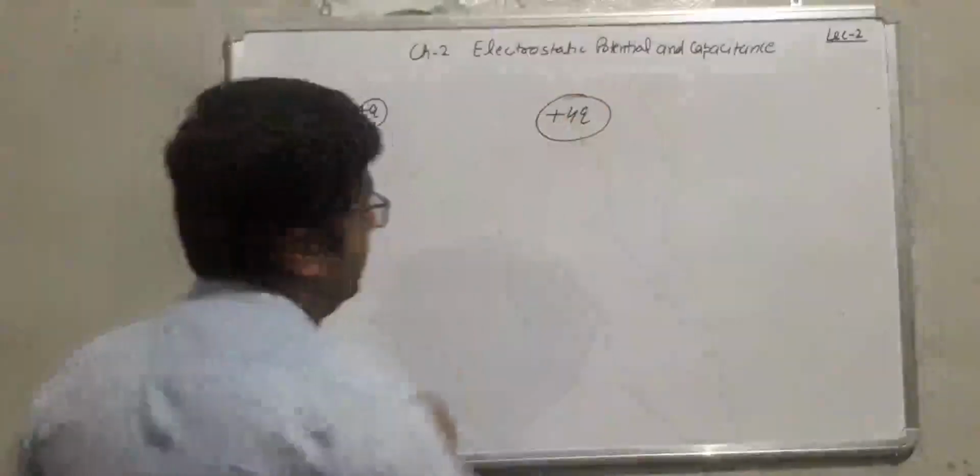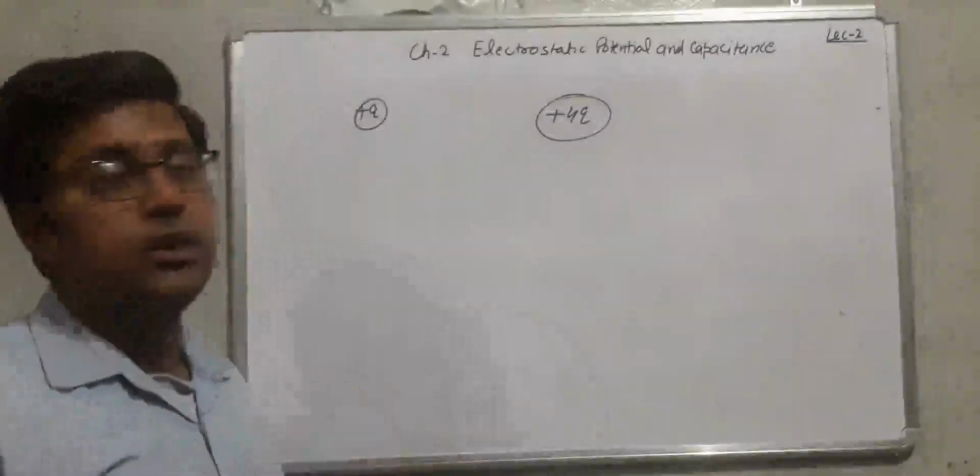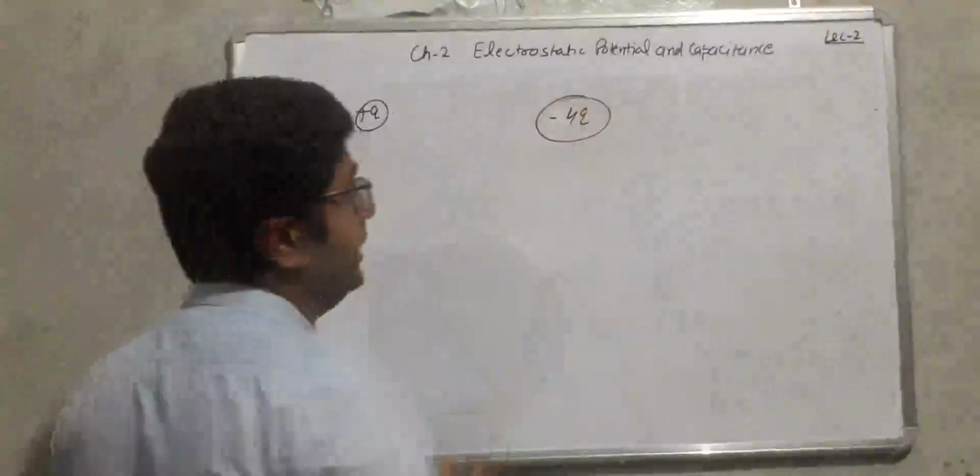So the first question is, suppose you have two charges plus q and plus 4q. You have to find out a point where the net potential will be 0. Okay, take this negative for simplicity first. Take a simple example.